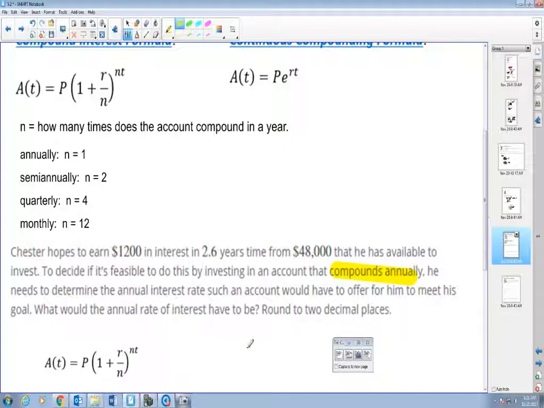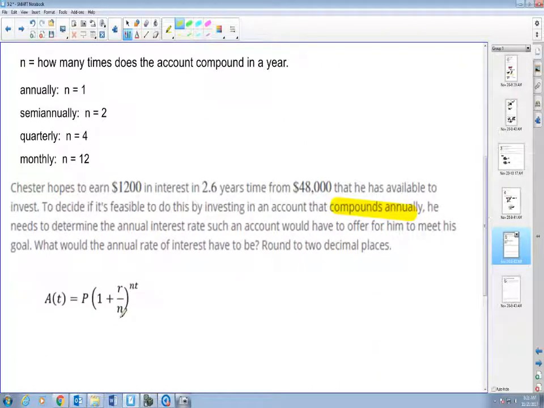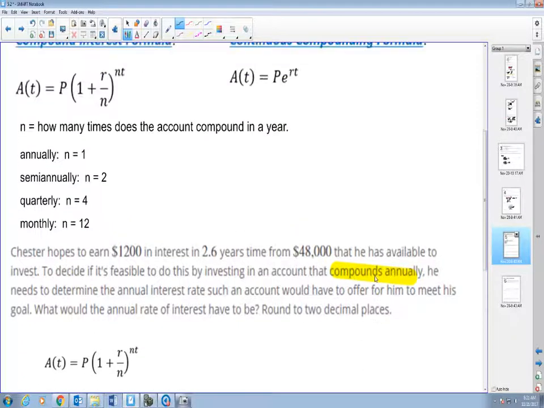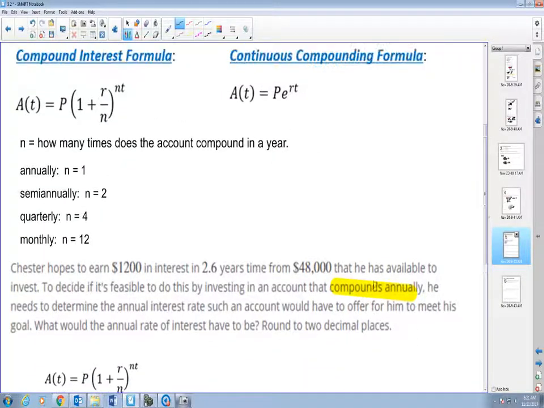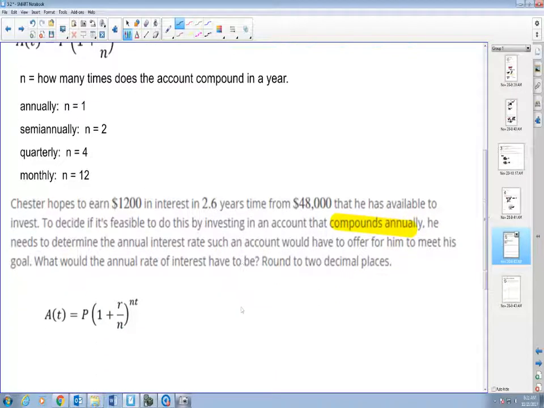So basically this problem is asking you to find the interest rate R. When the problem says compound annually, that automatically makes my n equal to 1. The problem never says compound continuously, so this is just a regular use of the compound interest formula.